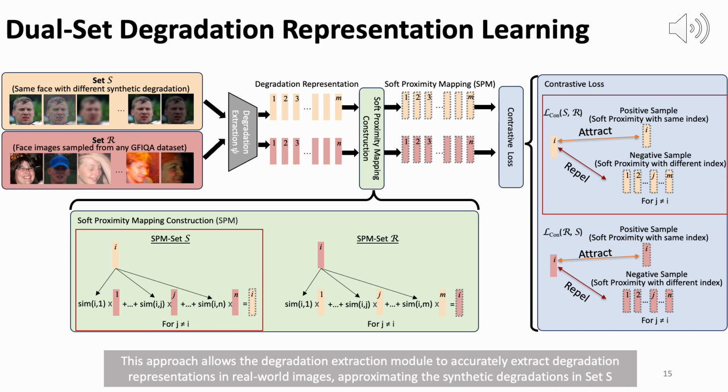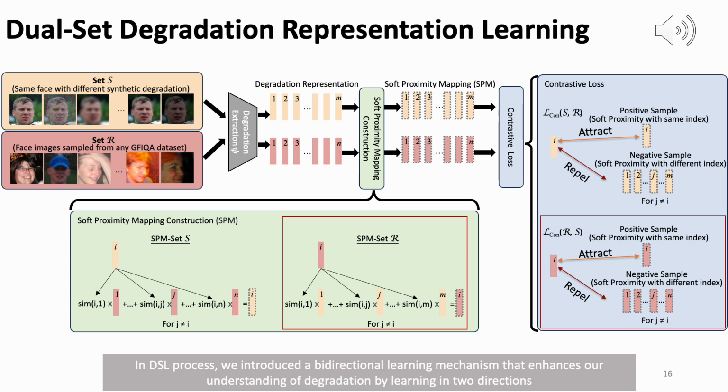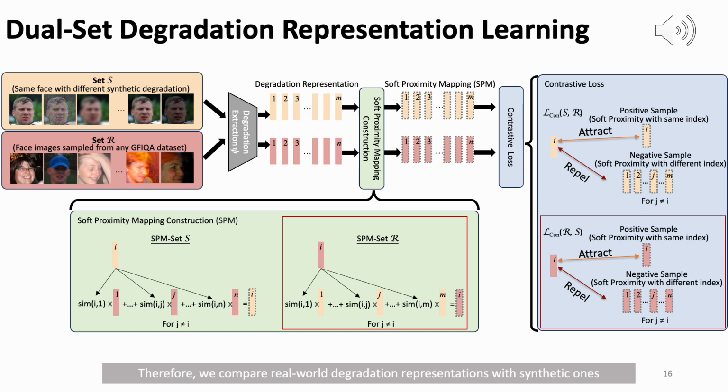In the DSL process, we introduced a bidirectional learning mechanism that enhances our understanding of degradation by learning in two directions. Specifically, degradations in different images in the real world can be considered as different components. Therefore, we compare real-world degradation representations with synthetic ones.